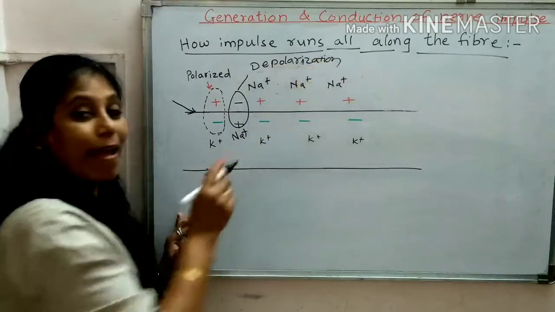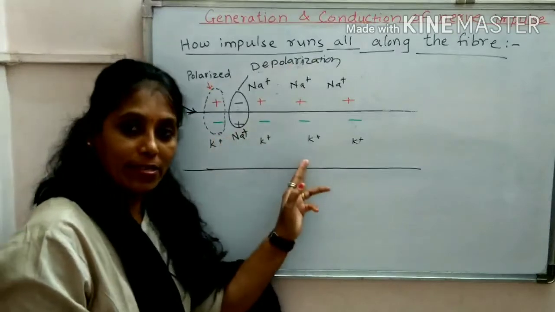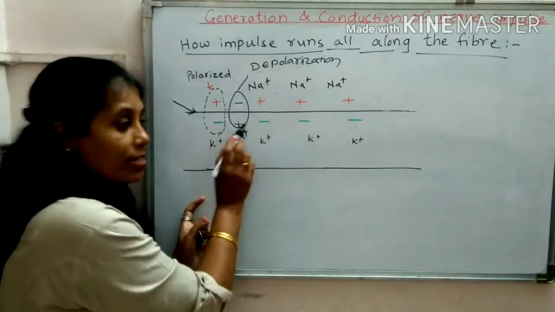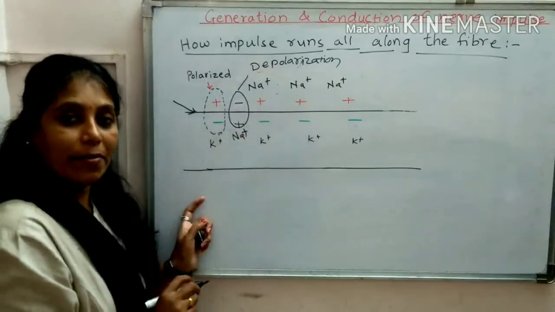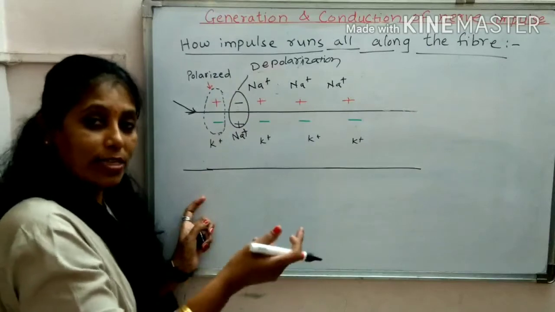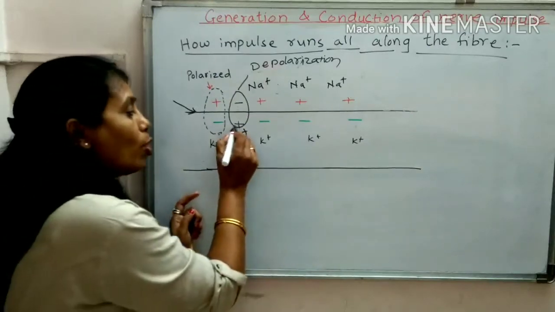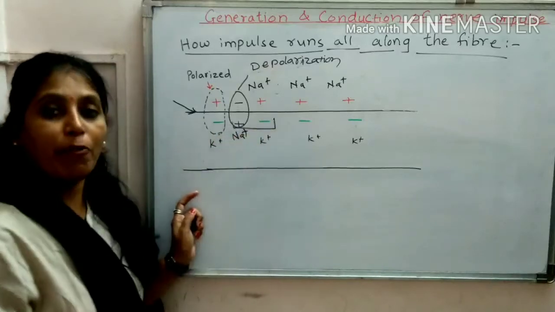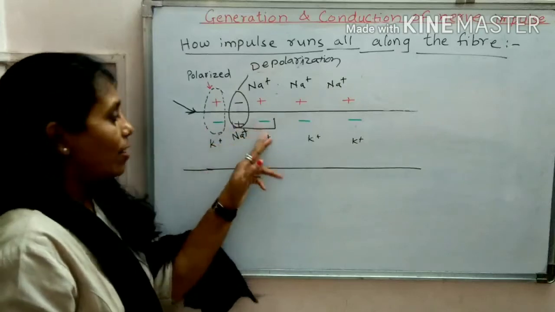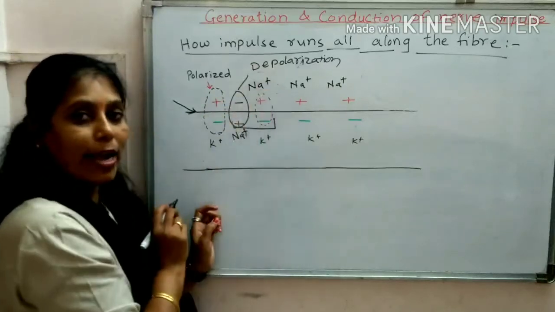Depolarization means rapid influx of sodium inside the axoplasm. Now, if you see, here positive charge is there, here negative charge is there. These two poles get attracted towards each other, or you can say the electricity passes from the positive pole to the negative pole. So, as the electricity passes here, this particular zone again becomes depolarized.